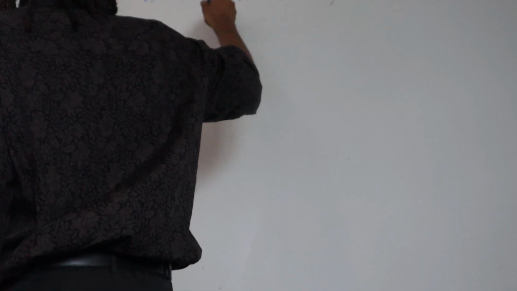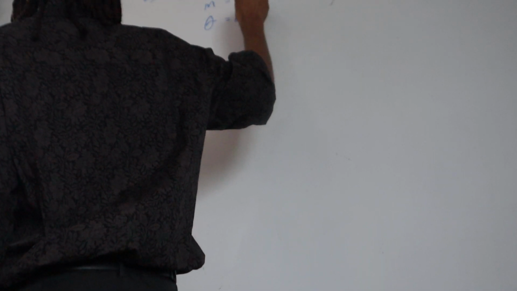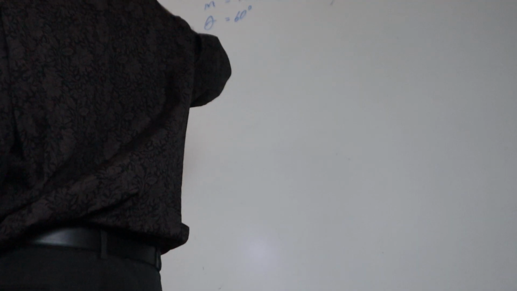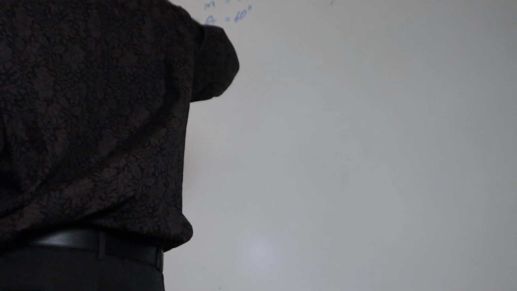Having a total mass. Alright, so we're given a mass, 90 kilograms. We got a slope, beta was 60 degrees. We got constant speed, coefficient of friction.